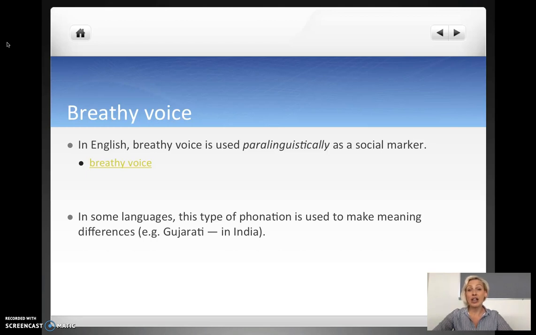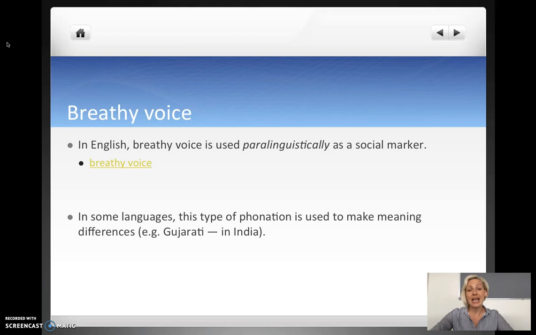But still very often actresses, very often women, speak in breathy voice. And when you take the test, I would like you to think about what the meaning of that is. But the meaning is purely social. So some people will do it, some people won't do it. It will be interpreted in certain ways, but it doesn't change the meaning, what they say.